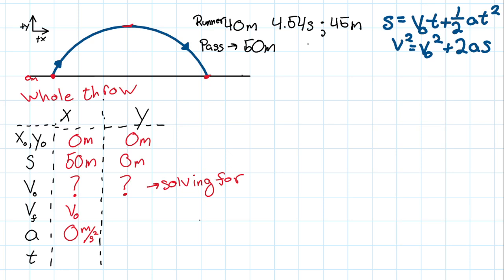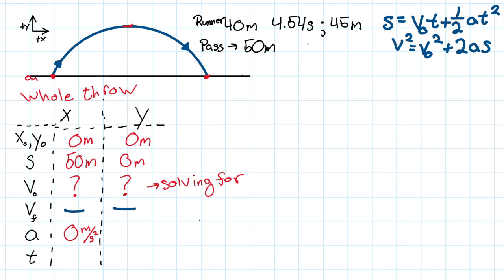I can give you a trick and say it's going to be the negative v naught. That's only true because it was released and landed at the same height. So we know that's a thing, but that's just a trick, so I'm not going to include that. We're just going to write a slash because we don't actually need these. We don't have them, right?